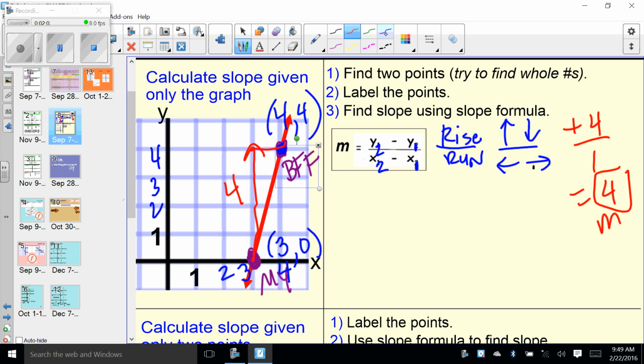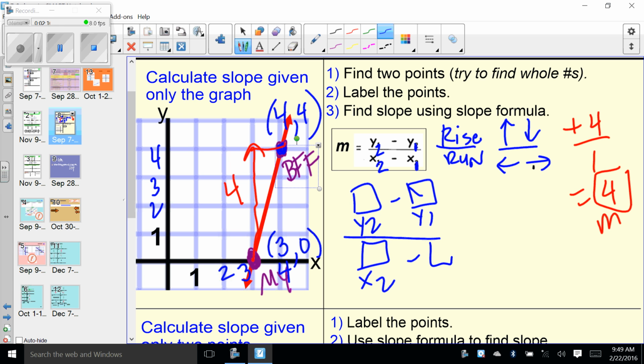Now we're going to do the exact same thing using the formula y2 minus y1 divided by x2 minus x1. Go ahead and catch up there. We're going to prove that we get that same answer of 4 using the formula. So if I were to go ahead and label these coordinates then, my hotel room, X Y, alphabetical order, I'm in the first hotel room.